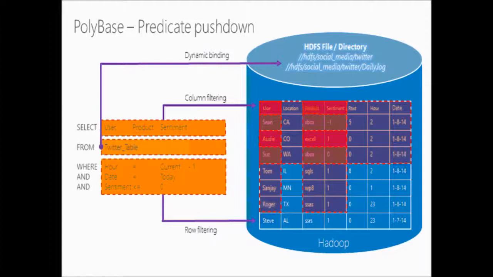As I said, in order to query non-relational data on a Hadoop cluster using standard T-SQL statements, we need an intermediate layer. And polybase is our intermediate layer. What it does is, when you submit a T-SQL query to an external table, meaning a Hadoop table, it converts your T-SQL query to Java queries and sends them to the Hadoop cluster.